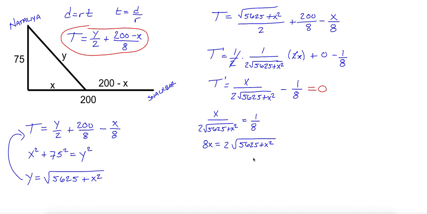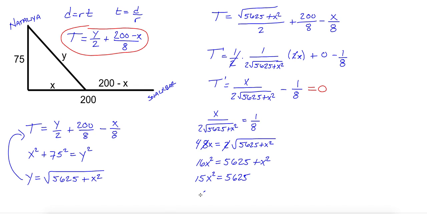And we're going to divide both sides by 2 and then square it. So 4x, right? If I divide by 2, this is going to be 4. And if I square both sides, I should get 16x squared is equal to 5,625 plus x squared. Subtract x squared from both sides, we get 15x squared equals 5625.